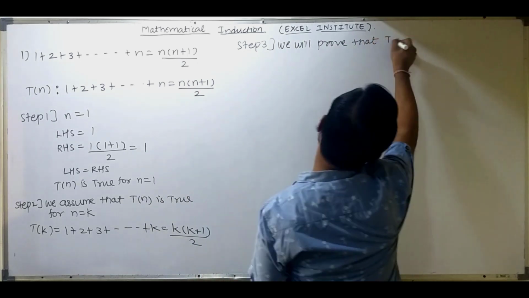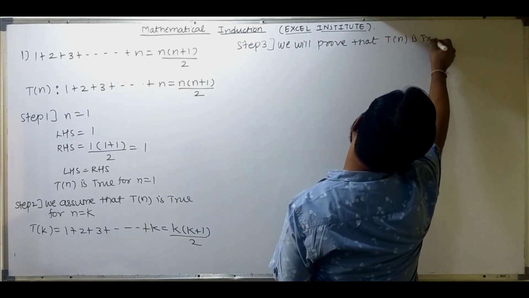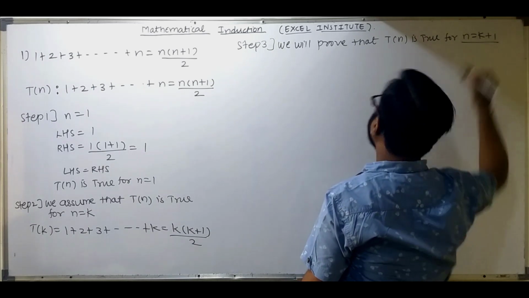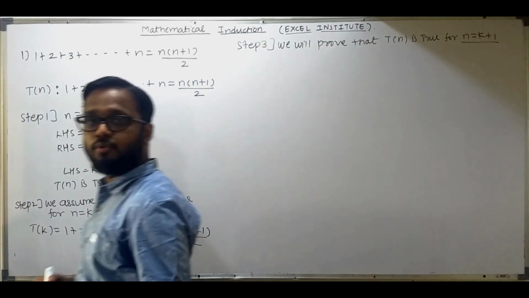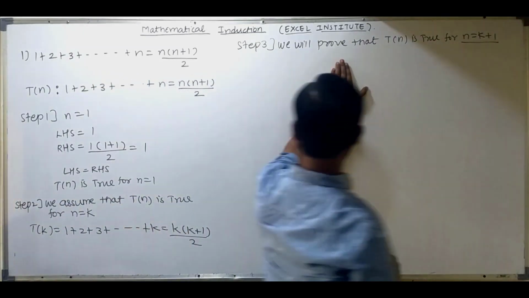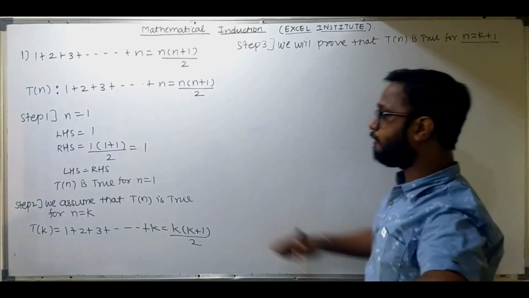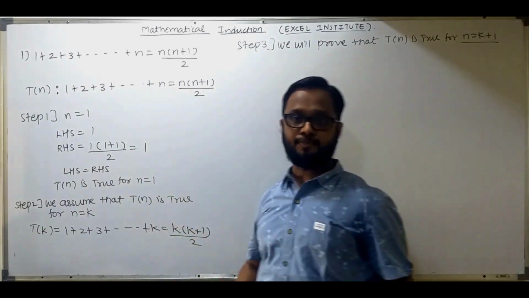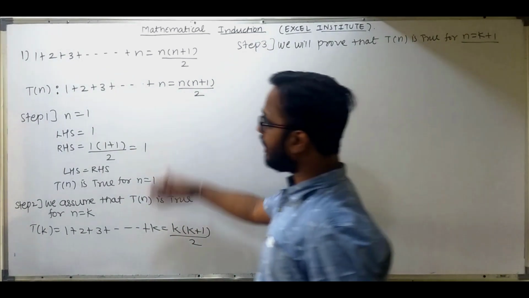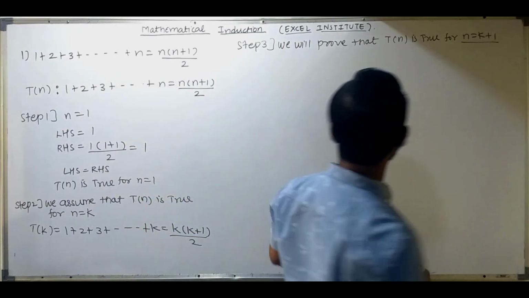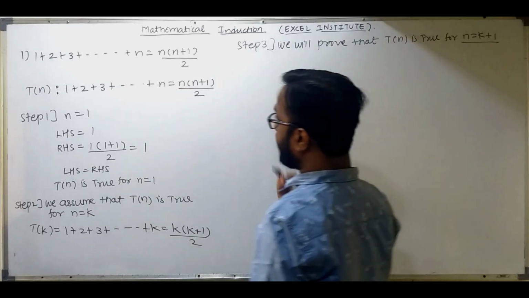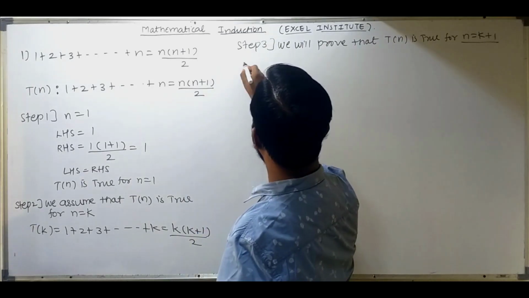This proving part is always done with the help of this assumption and the earlier steps. Please remember, we have to prove that P of n is true for n equal to k plus 1. So if I replace n by k plus 1, what will you get?